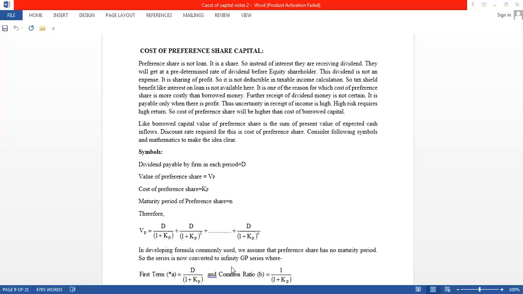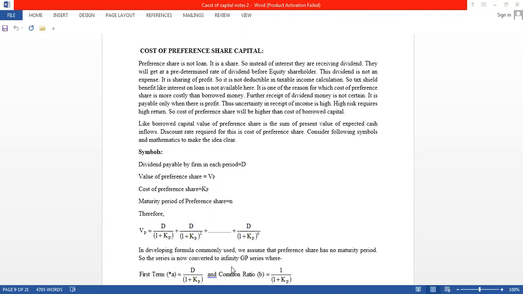That is why the debt capital has lowest cost of capital among the others. All types of formulas with complications are discussed and problems are also interpreted accordingly.